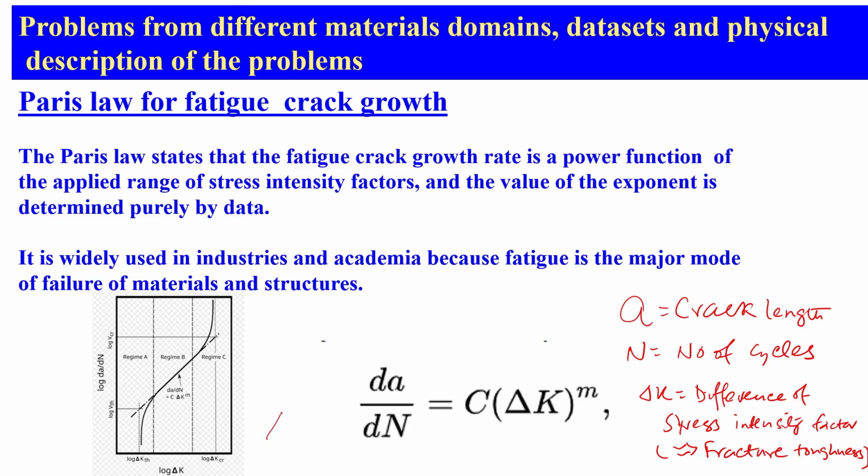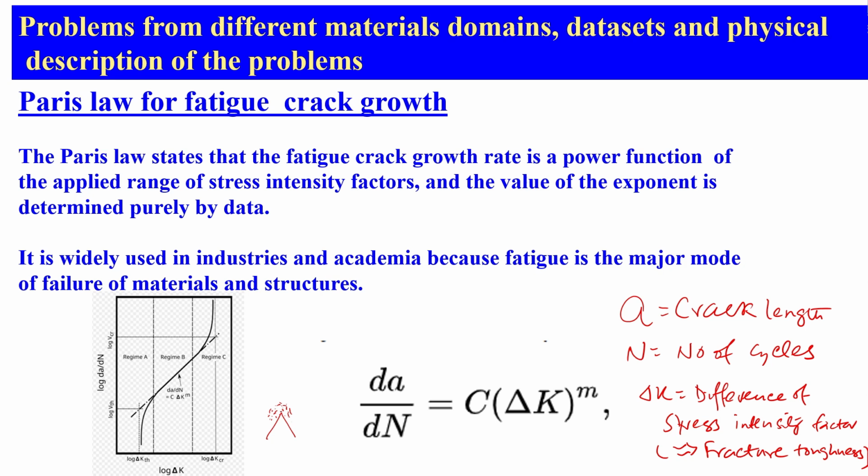Basically, once a crack moves in the material, at the fine tip of the crack there is a huge stress built up in front of the crack. So, delta K is nothing but the difference of stress intensity factor when the crack tip was present minus when the crack tip was not there. That is what delta K is.